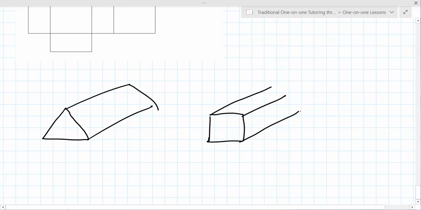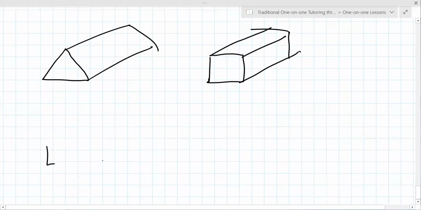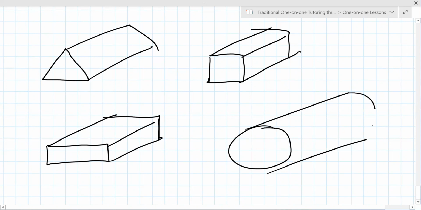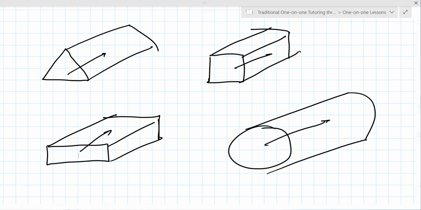That's the stick of butter. Imagine you have a rectangle. Well, you can do the same thing. You can also do it with a circle. These are all prisms because they're a front face extended. See how they're all extended? Cool. Maybe that was the most useful part of the lesson today.